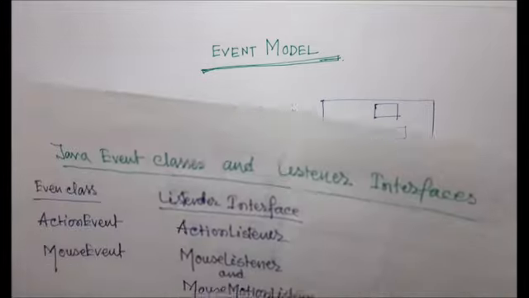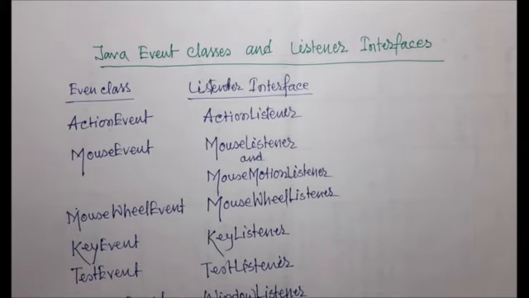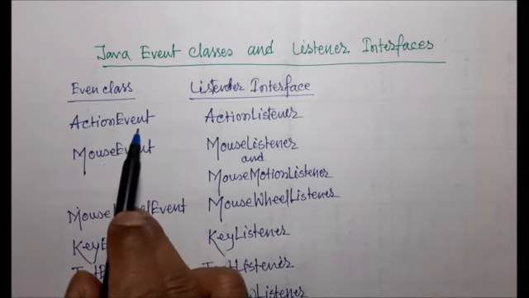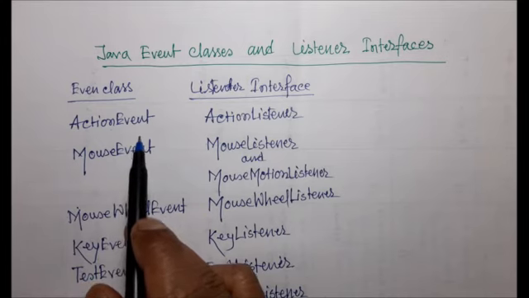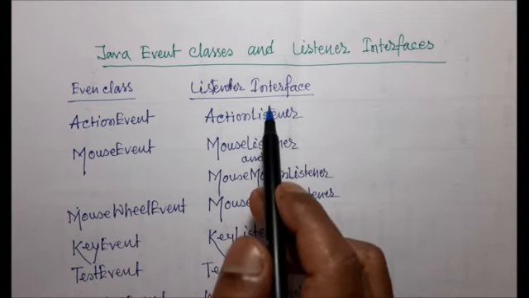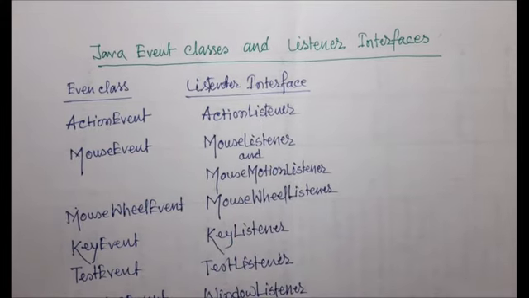I have just discussed some events, right. Here are some important events. On the left-hand side we have written the name of the event, that is, the event class that is generated, and the corresponding listener that is going to listen to that particular event. So three terms are now clear: the event delegation event model, the event source, and the listener interface.